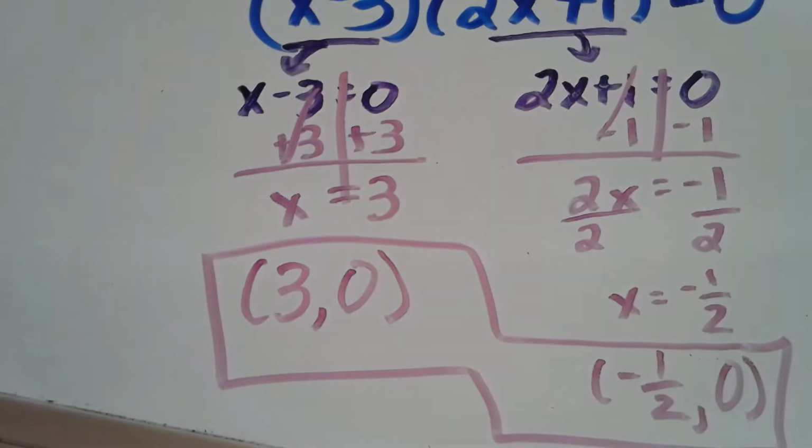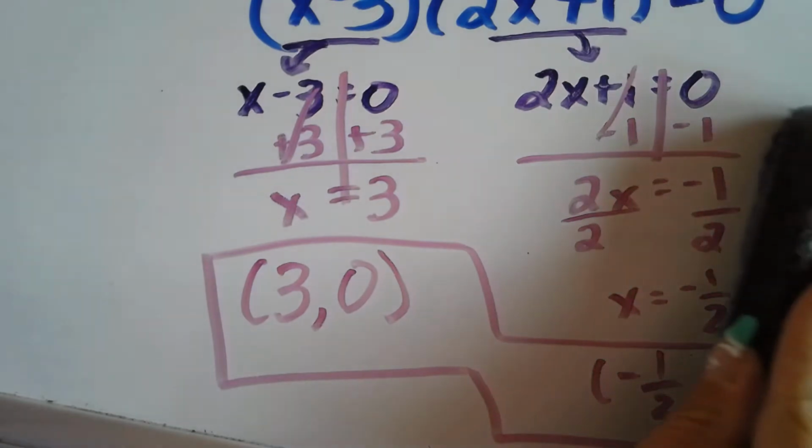Let's go ahead and look at one more example. I'm going to erase this and scoot this back up here. All right. And I want us to look at something that looks like this.